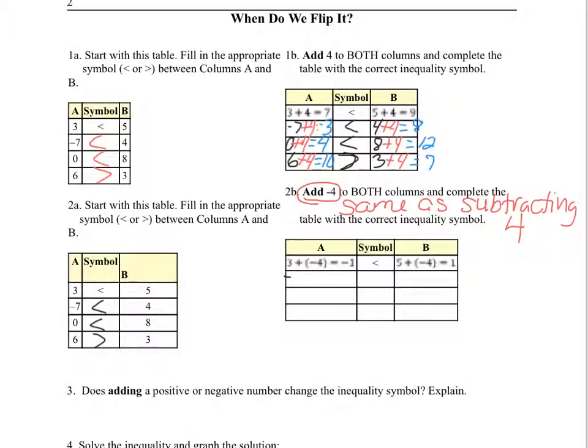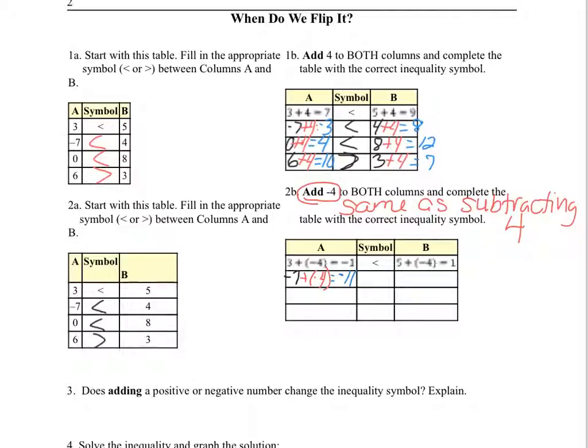Okay, so we're going to start with the same numbers. So -7, and then we're going to, oops, shoot, forgot to put the plus symbol, plus -4 equals -11.